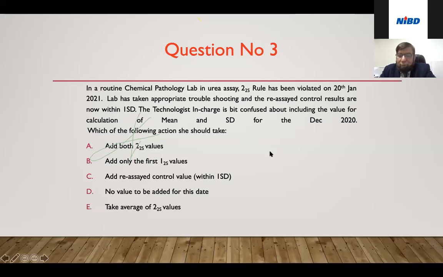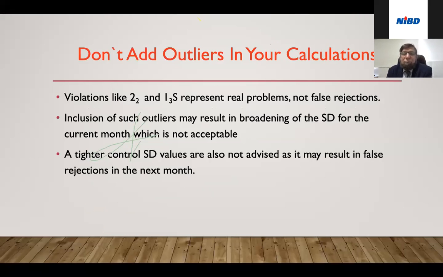Again, most of you have given the best answer. It is C, add reassay control. This is, I think, the very important message of today. Don't add outliers in your calculation. When we calculate the mean and SD for the current month, you should not add the outliers. You should add the corrected values.